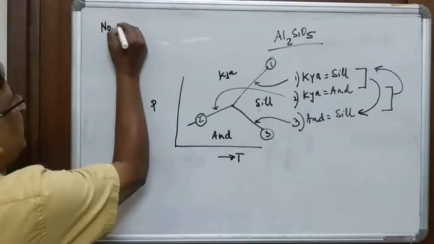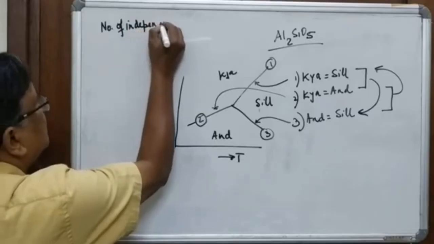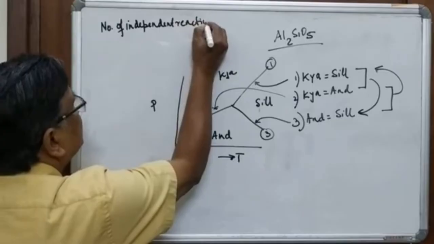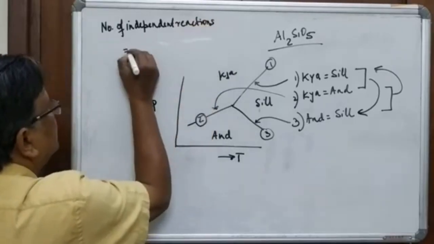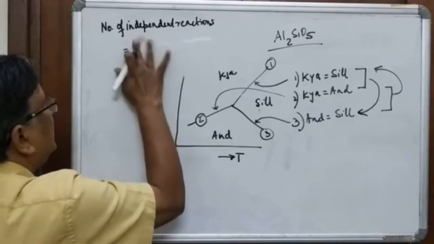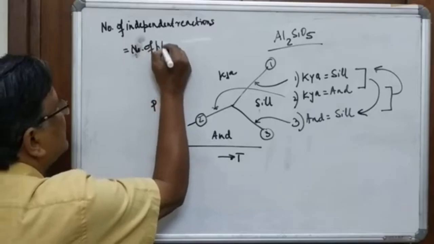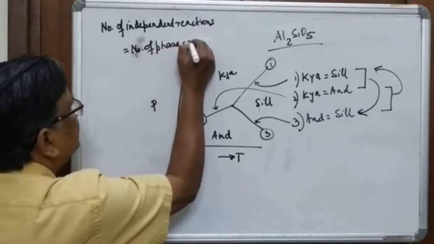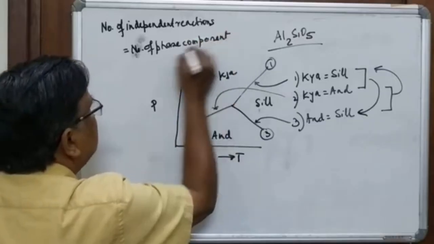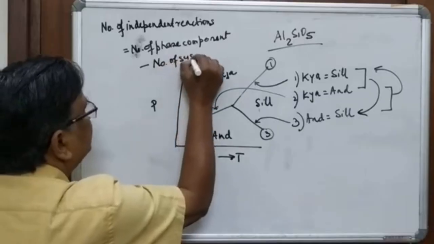Number of possible independent reactions is equal to number of phase components minus number of system components.